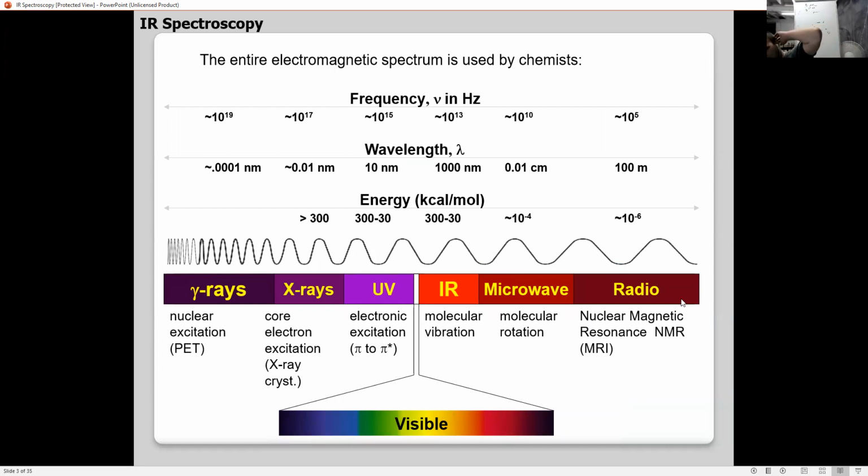So we have radio waves on the right-hand side that are the lowest energy. On the left-hand side, we have gamma rays. This is the dangerous radiation that's given off in nuclear reactors and by fissionable material. When we shine infrared and microwave radiation through anything, what we see is vibrating.